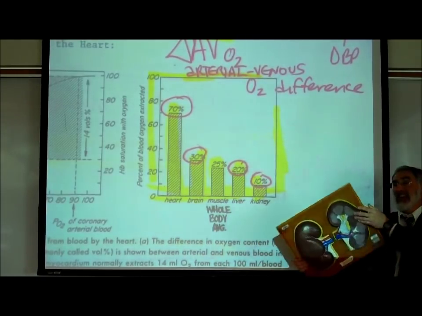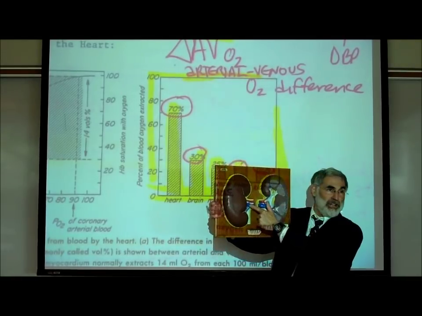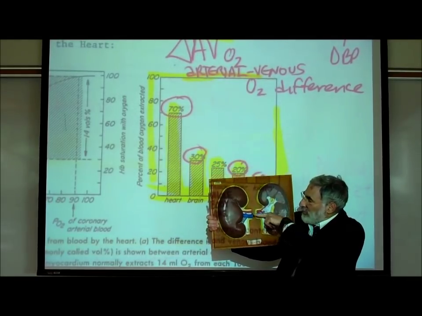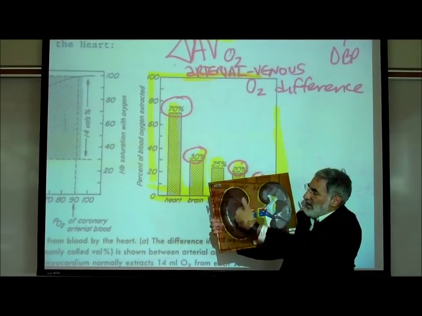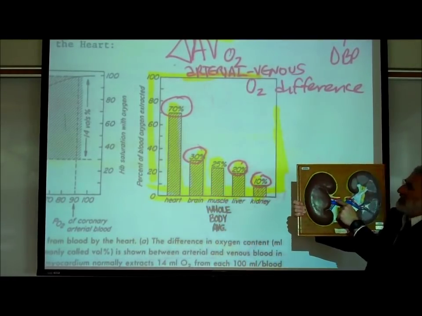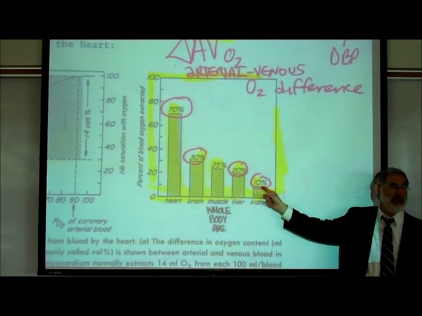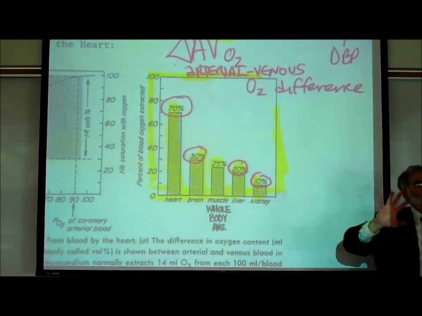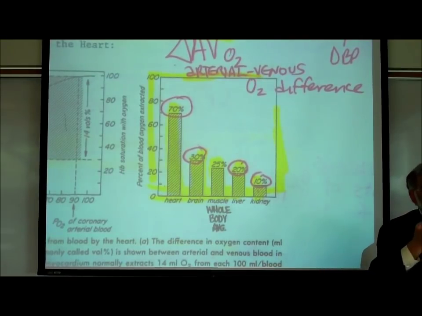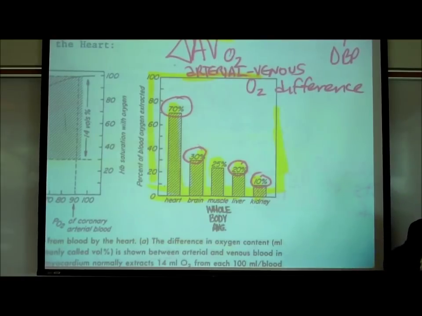What's the difference in oxygen? Obviously, we would predict that there's less oxygen in the renal vein than in the renal artery. The renal artery is carrying the oxygenated blood in, and the renal vein carries the blood out. How much lower is the oxygen content in the renal vein? 10% lower. That's it. The kidney only extracted 10% of the oxygen available to it.